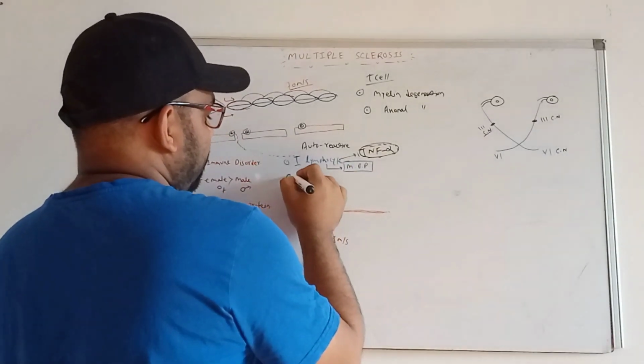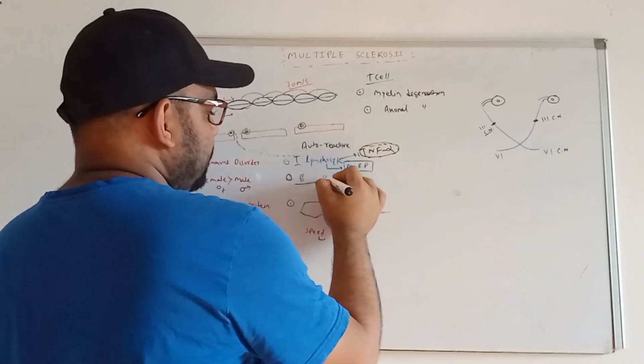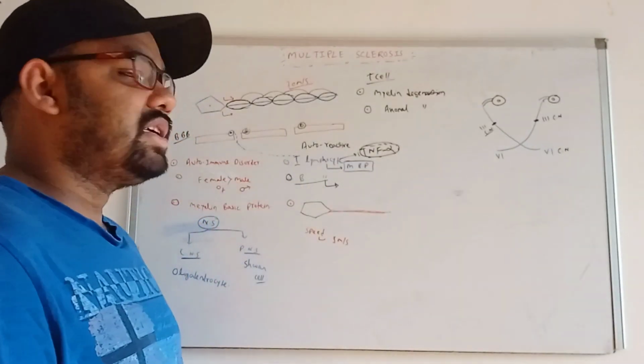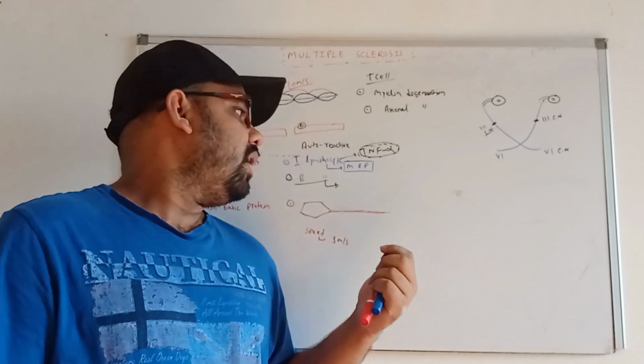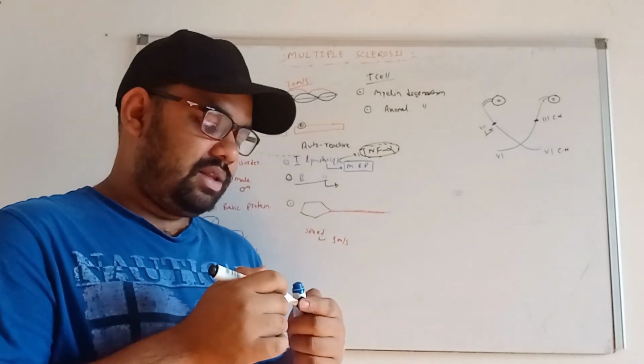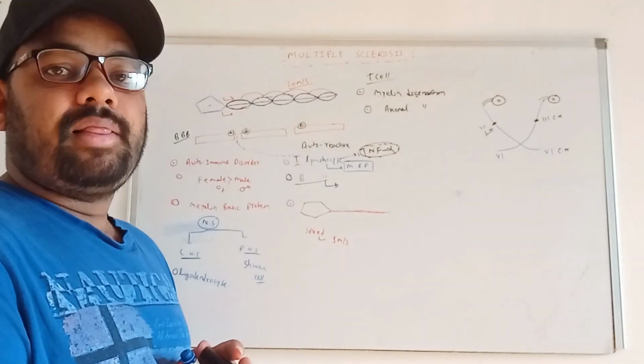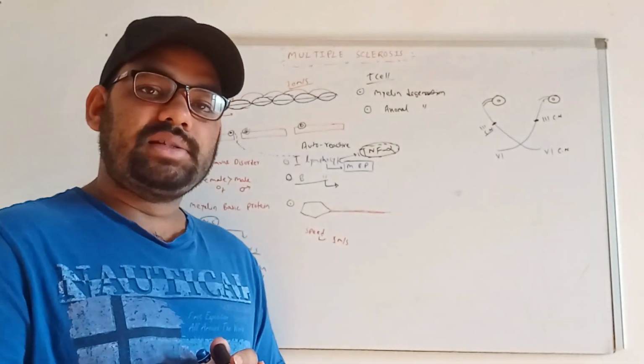Now, what is the role of B cell then? What is the role of B cell? Now, as you know, the B cells present within the central nervous system, rather, I should say more specifically, the B cells present within the central nervous system will produce autoantibody against the what?